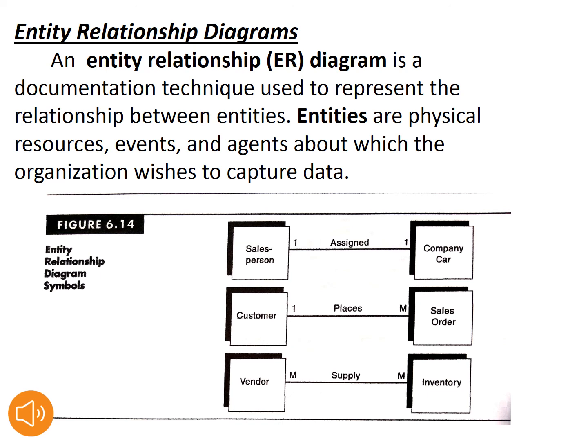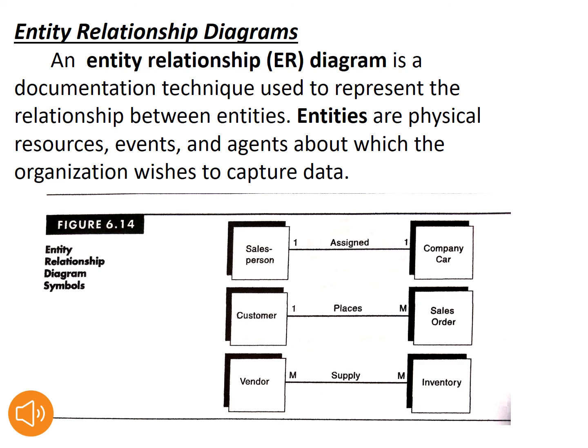Yung example dito is yung one-to-one cardinality suggests that each salesperson in the organization is assigned one automobile. If instead the organization policy were to assign a single automobile to one or more salespersons who share it, this policy would be reflected by a one-to-many relationship.